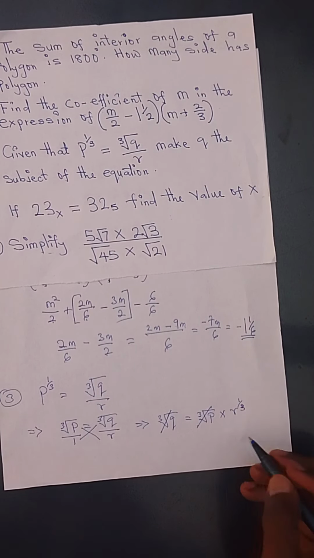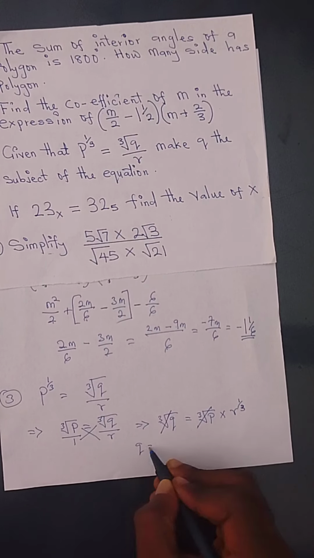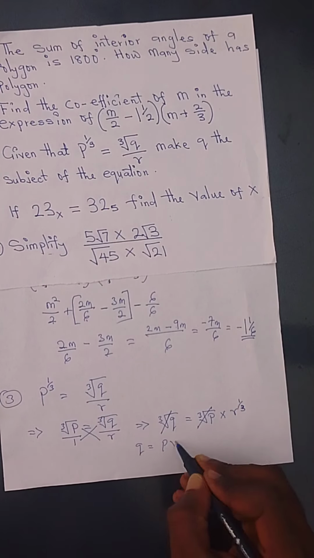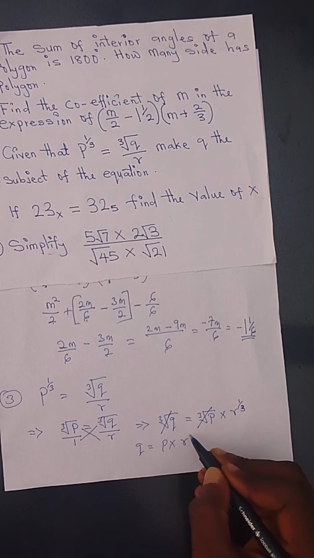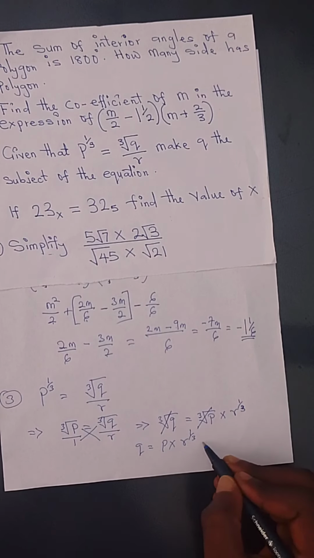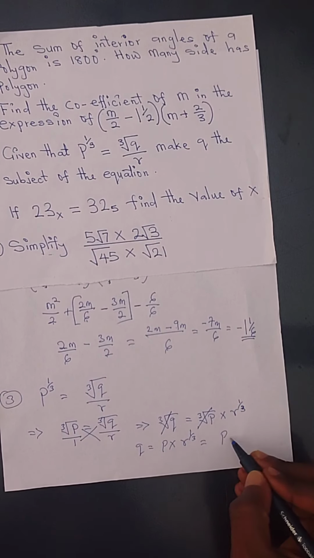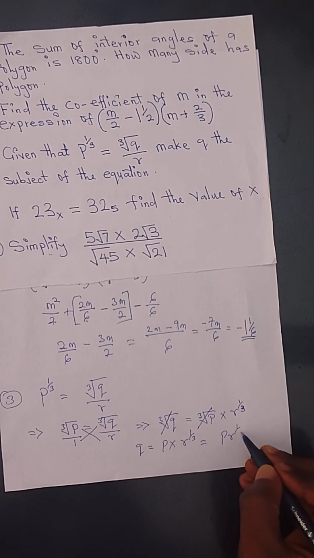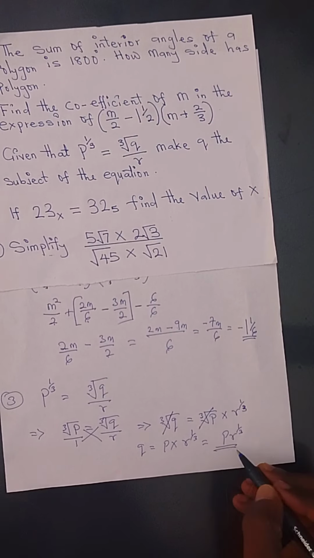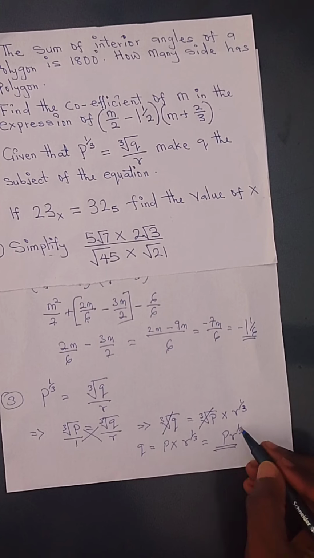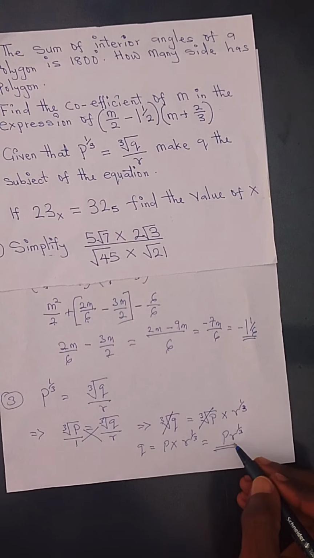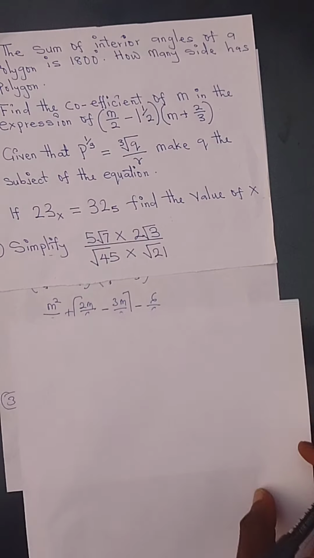So q is equal to p times cube root of r, which is equal to pr raised to power 1 all over 3. So that is question number 3.